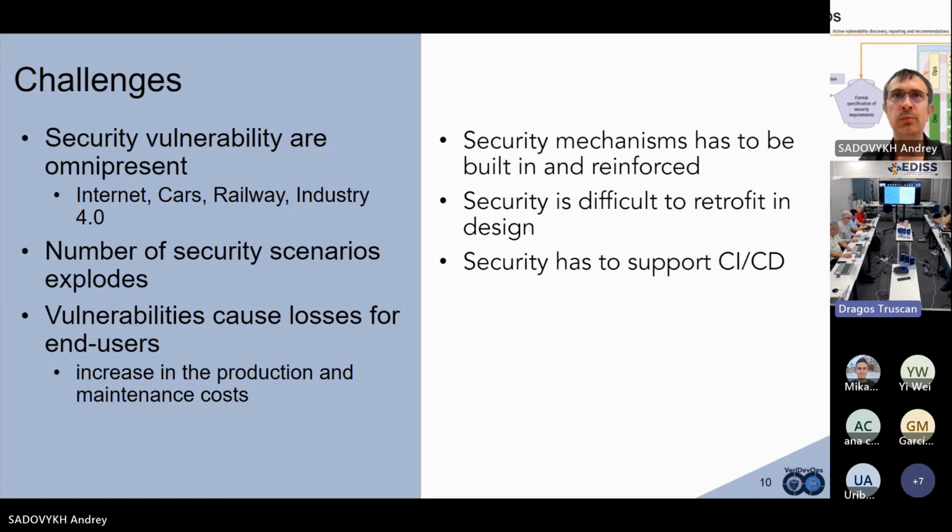And with modern practices, currently we see that continuous integration, continuous development is more and more important to quickly address needs of the users and market changes. So we think that these security mechanisms have to be integrated and support these continuous integration and continuous deployment practices.